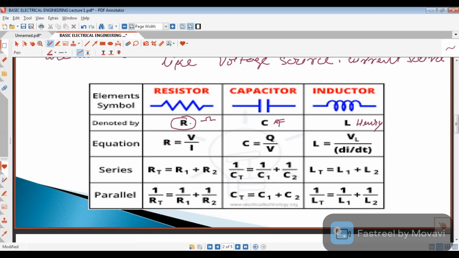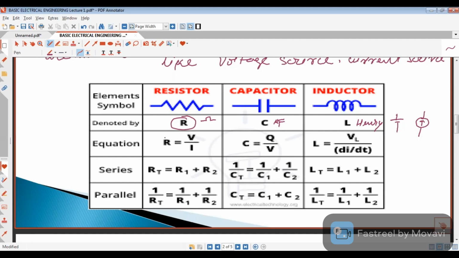So only these three elements we have to study in basic electrical engineering: resistance, capacitance, and inductor. And two more sources: voltage source, which is generally denoted like this, and current source, which is denoted like this. So only these five types of element we will study in basic electrical engineering.